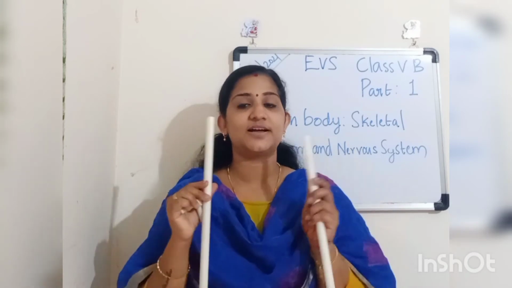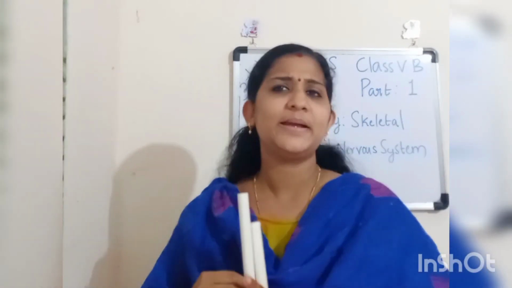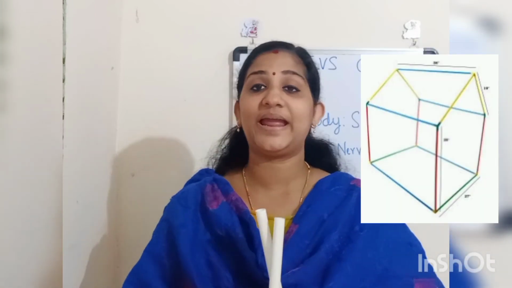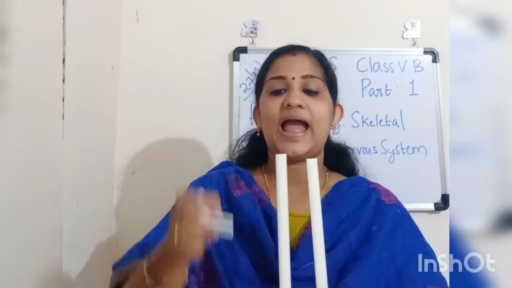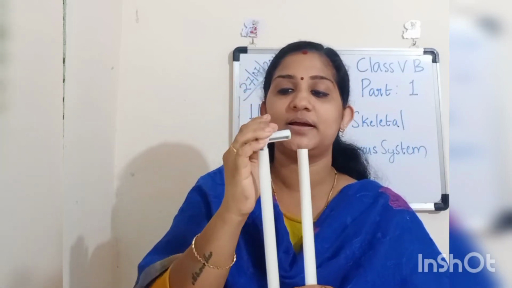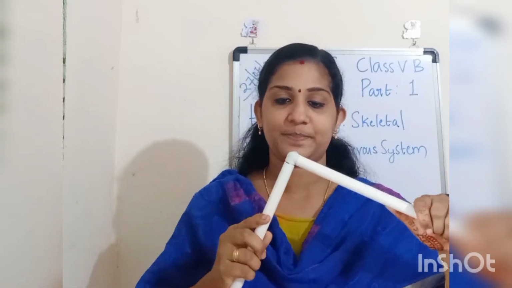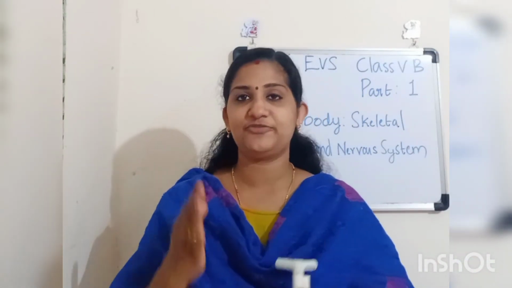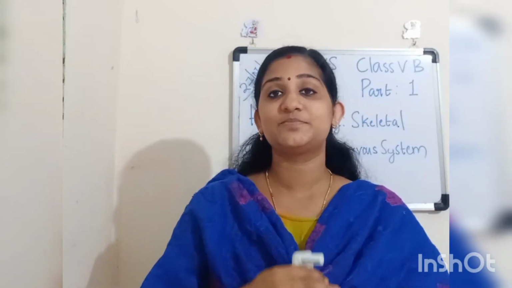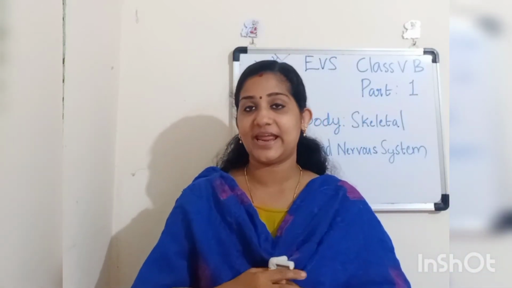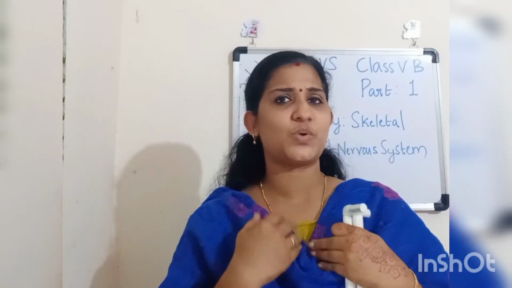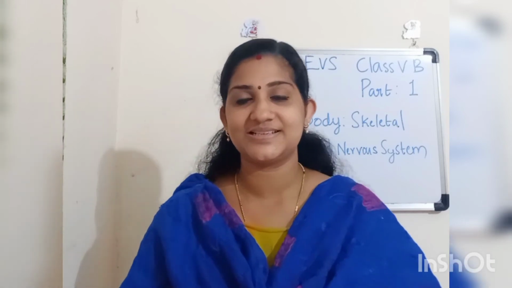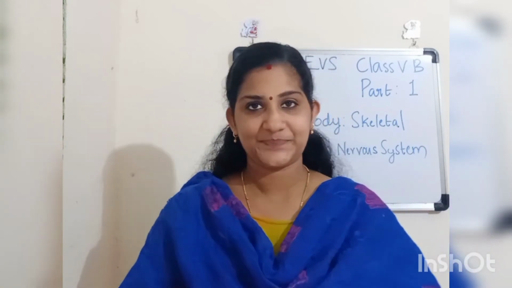Children, these are the sticks of a tent house or a playhouse. I am going to build a playhouse using these sticks, and the sticks are joined together using this connector. Similarly, in our body, there are different bones and they stick together to give a particular shape and strength to our body. The place where two bones meet is known as a joint.